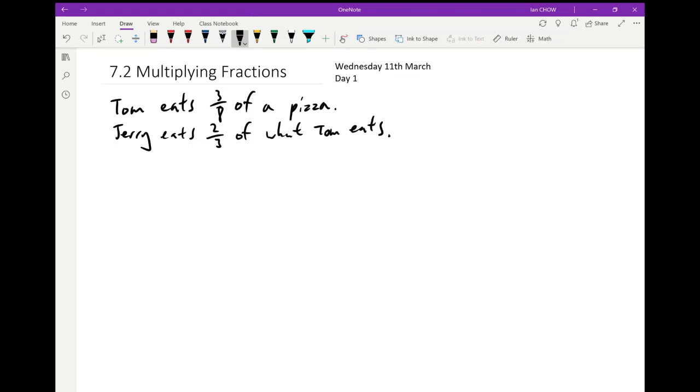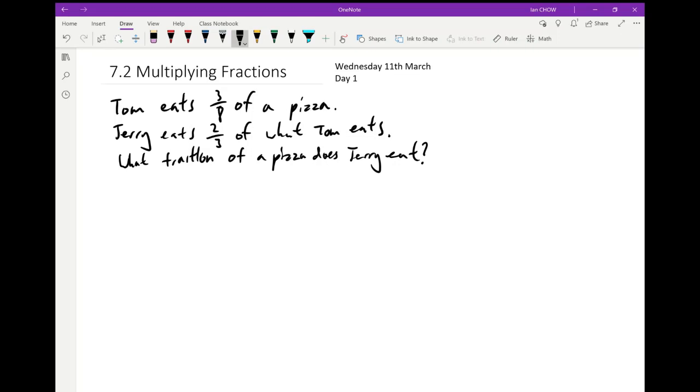So what fraction of a pizza does Jerry eat? We have Tom eating 3/8 of a pizza, and Jerry eating 2/3 of what Tom eats. So what fraction of a pizza, sorry, I missed the A, does Jerry eat?